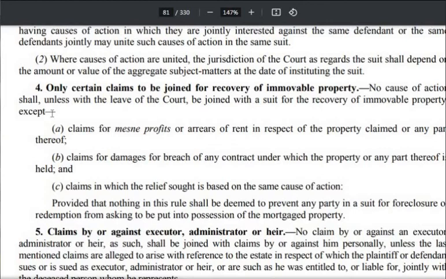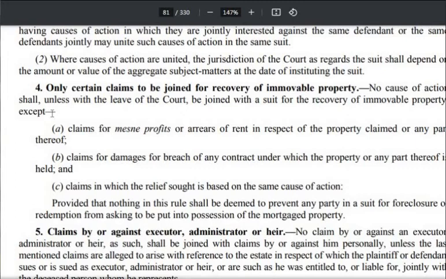Then Order 2 Rule 4 in respect of a suit for recovery of immovable property puts a limitation, and the limitation is that if you file a suit for the recovery of immovable property, then in that suit you shall not join any other cause of action unless you have taken the permission of the court. ठीक, लेकिन साथ में वो एक exception create कर रहे हैं कि निम्नलिखित cause of action को आप बिना court के permission के join कर सकते हो.